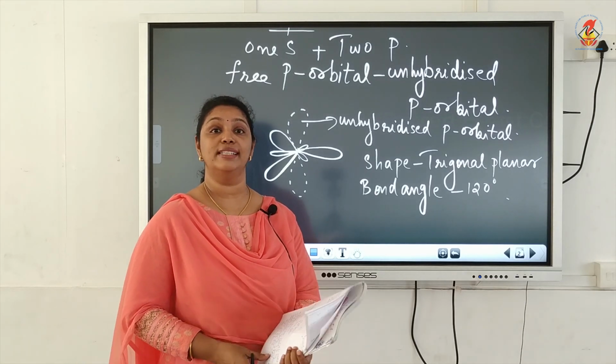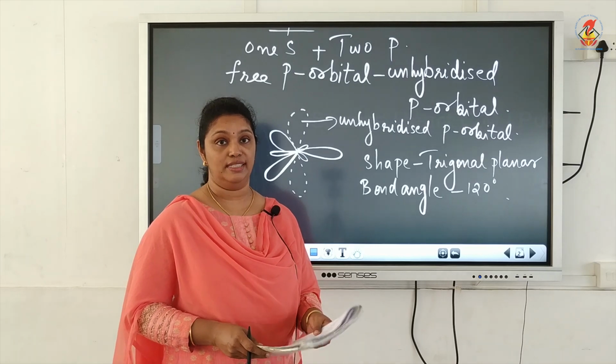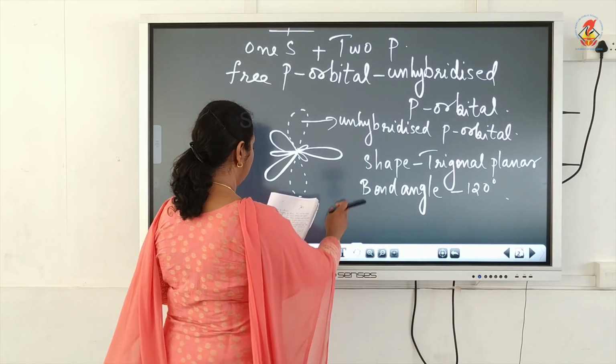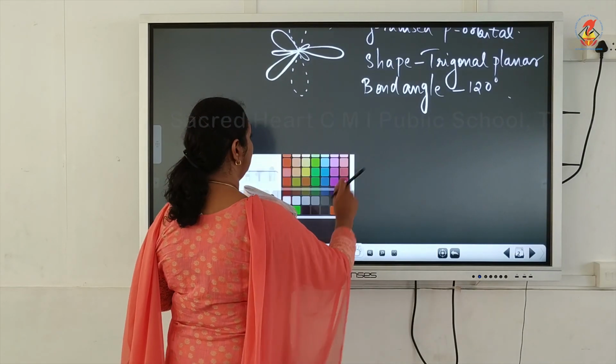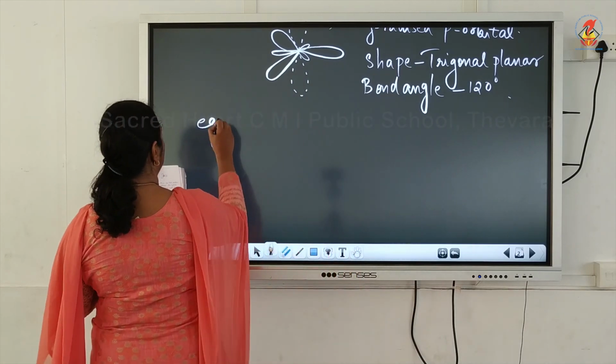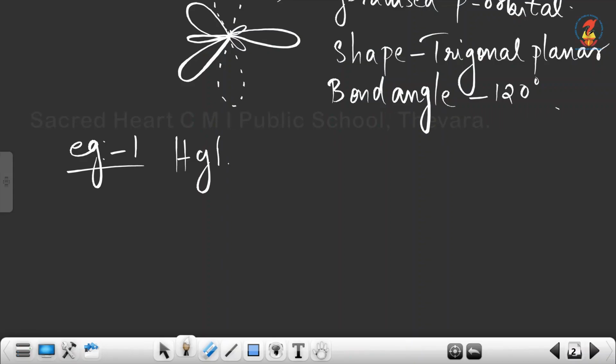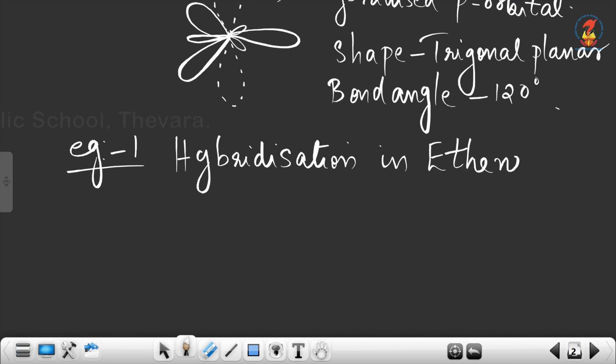Now let us see two examples for sp2 hybridization. The first example is hybridization in ethene.